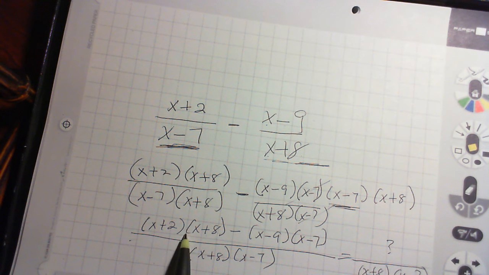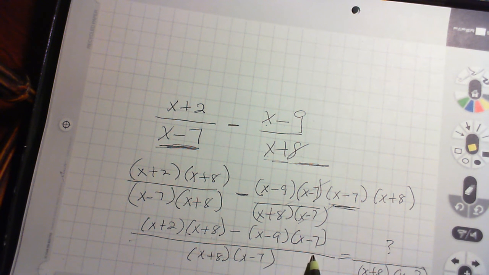Remember, if you multiply this out, you'll get x squared plus 8x plus 2x gives us x squared plus 10x plus 16 minus, remember, put your big parentheses here, x squared minus 7x minus 9x gives us minus 16x plus 63.